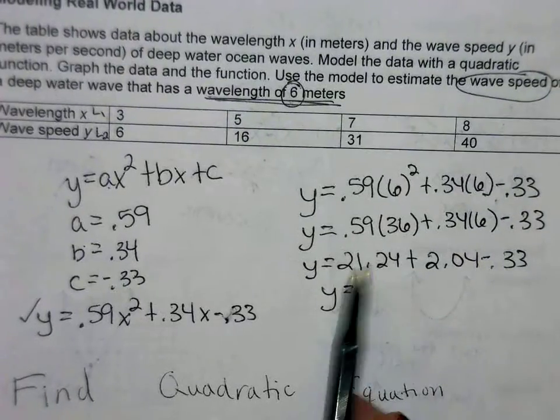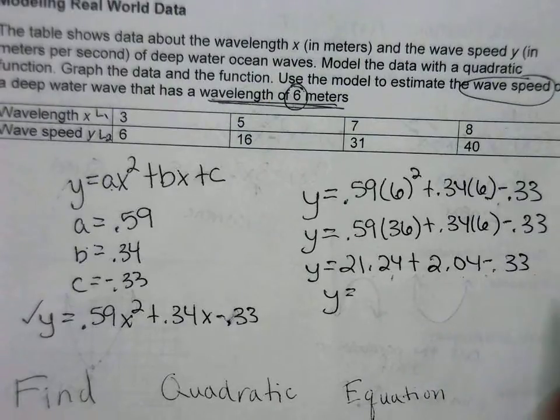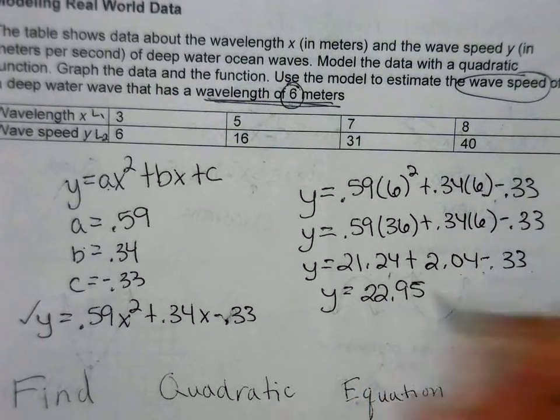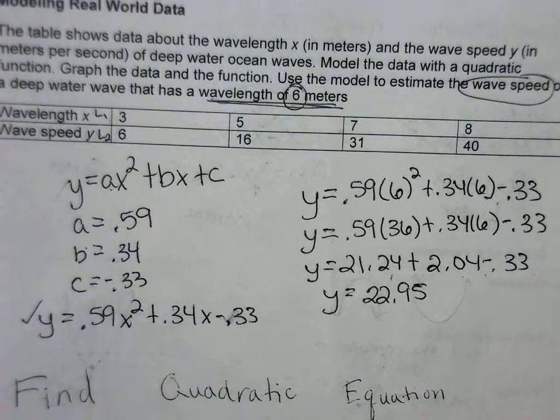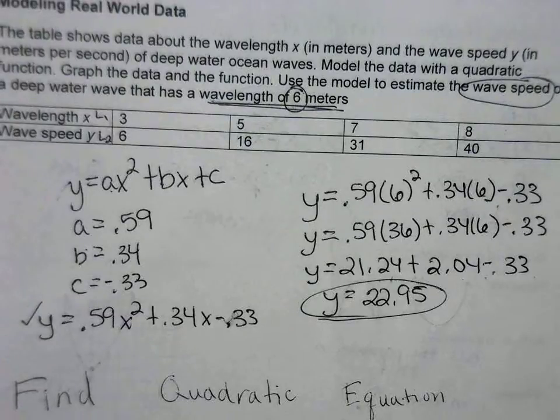So now if we type in our calculator 21.24 plus 2.04 minus 0.33, we end up with y equals 22.95. So that means we found our wave speed, which is y equals 22.95.